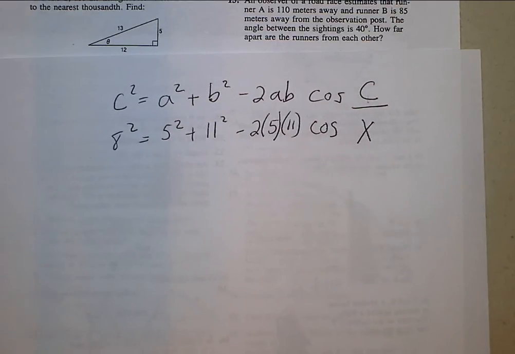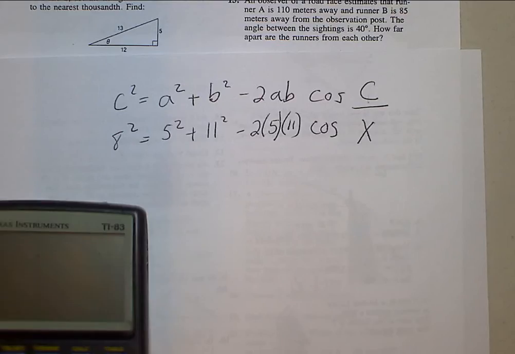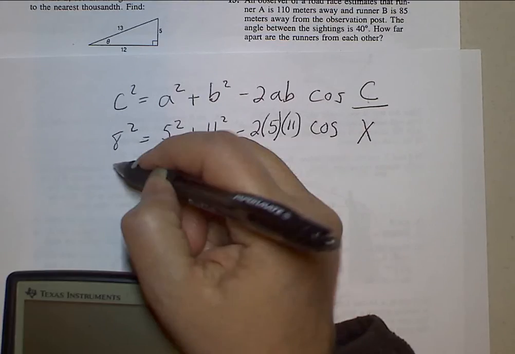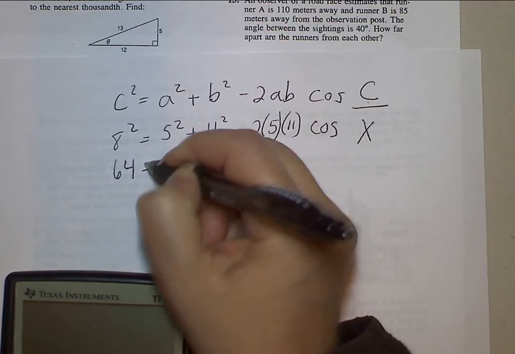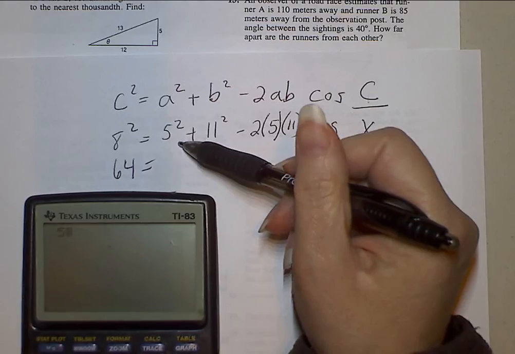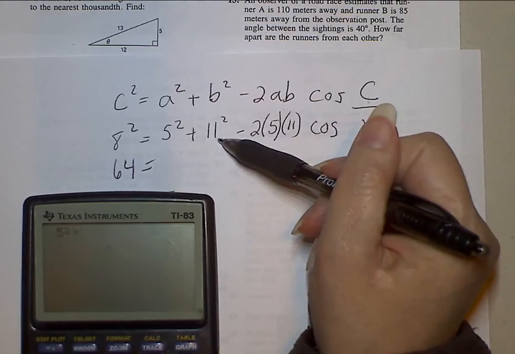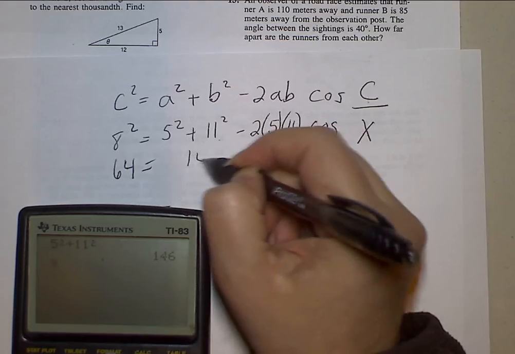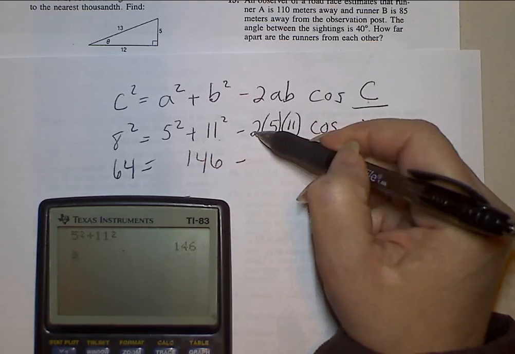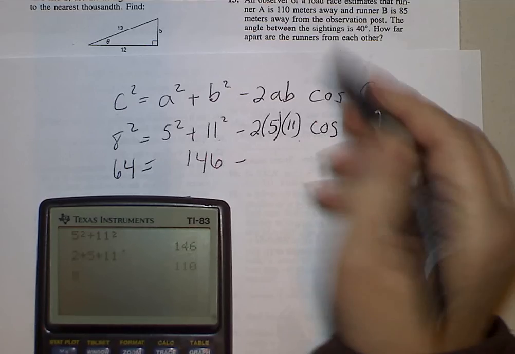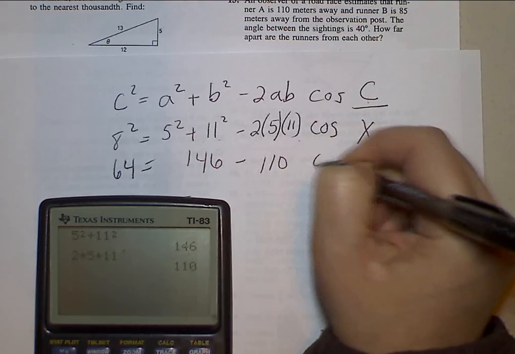So now I'm going to take my calculator and I'm going to go 8 squared, which we know is 64. And I'm going to go 5 squared plus 11 squared, and I'm going to get 146 minus 2 times 5 times 11 is 110 cosine of x.